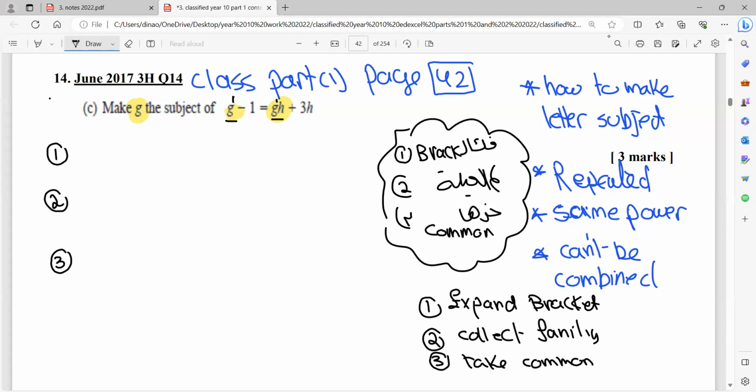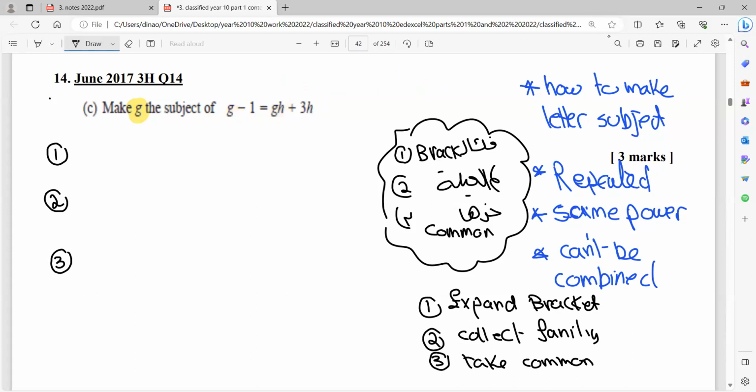Now, as you can see in this question over here, I don't have a bracket to expand. So I skip step number 1. Step number 2, collect the family. I am required to make G subject. What does that mean?